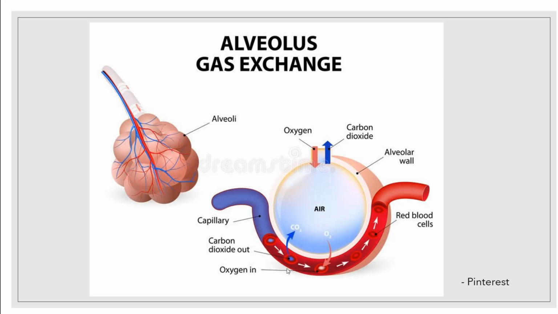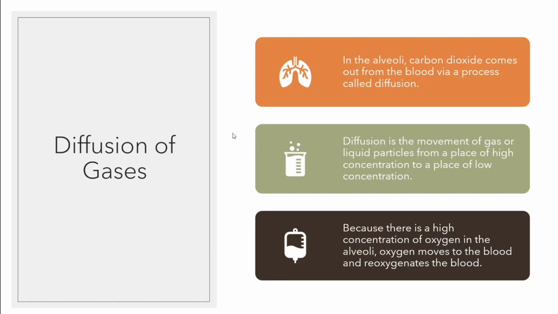As a result, carbon dioxide leaves the blood and oxygen enters the blood as it goes into our arteries. Now we use those arteries and we pump that around, and we get the ability to put oxygen around our body so that respiration can take place. So here is a summarized version of the diffusion of gases.